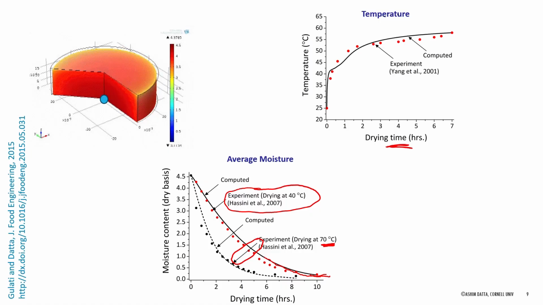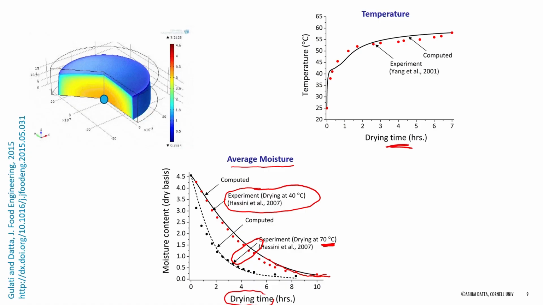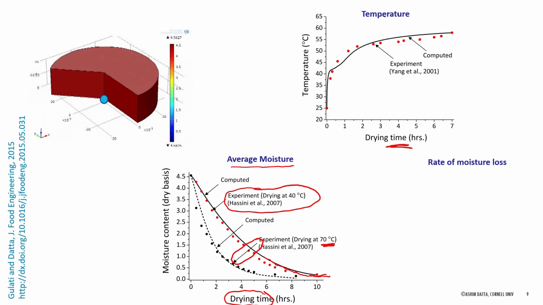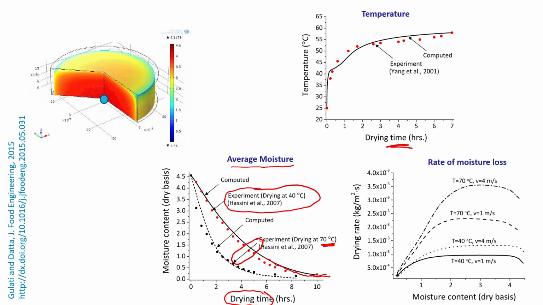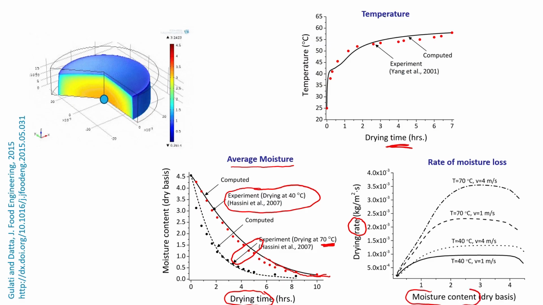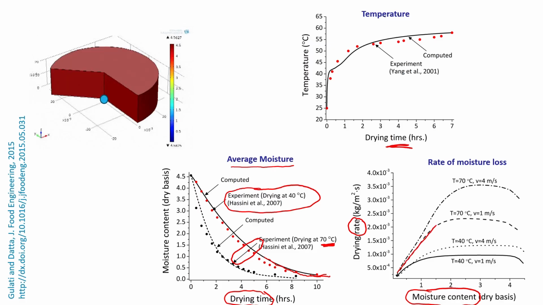Now, from this average moisture, as it changes with drying time, I can calculate the rate of drying, defined as the time rate of moisture loss divided by the surface area, as shown in this figure. So this is now drying rate with moisture content. So the rate of drying first increases. As you can see, first it increases, then because the material is heating up, so evaporation is easier.